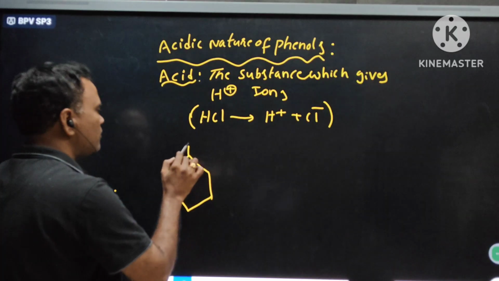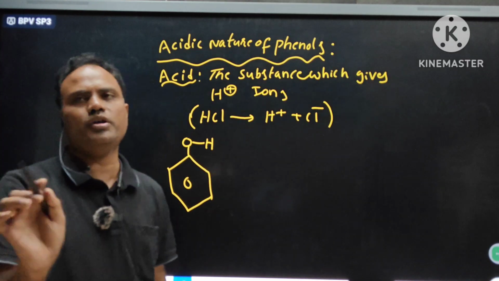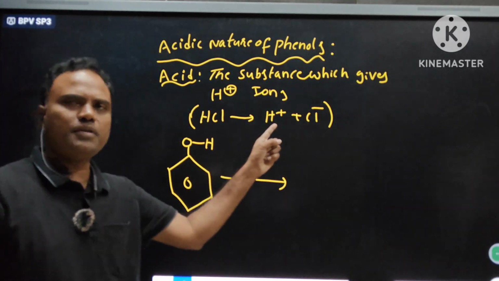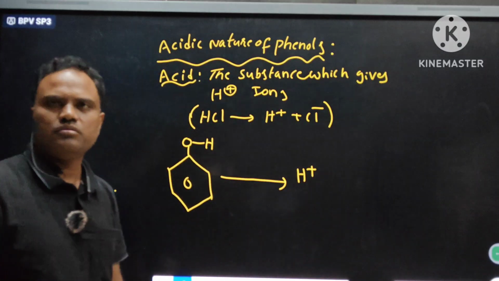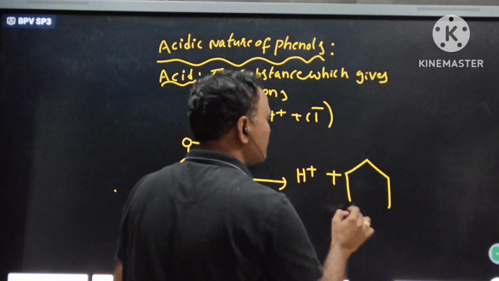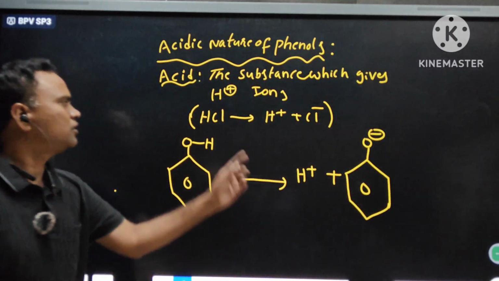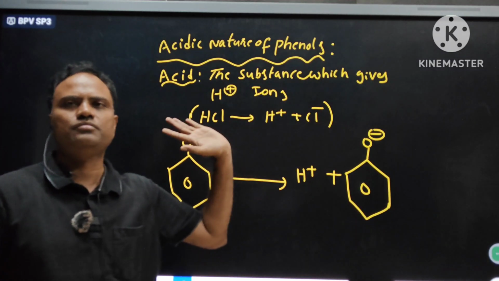This is phenol, OH. O bond H or OH, both are the same, right? See, this gives H plus ions, and oxygen will get a negative charge. Why? Here you removed H plus, so you keep a negative charge here.